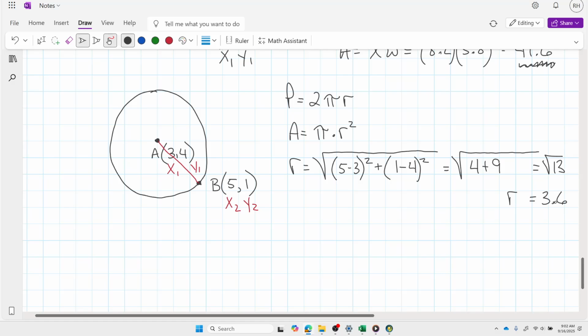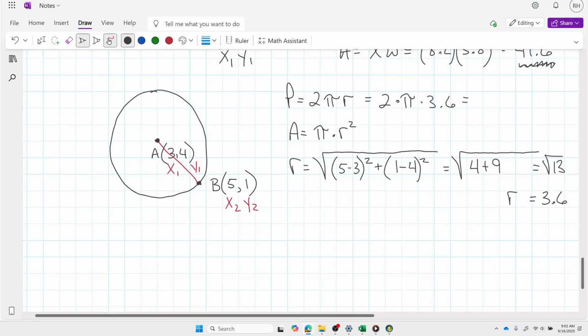So now we can take the radius and just substitute it into our perimeter formula. So we're going to go 2 times pi times 3.6. And on your calculator, 2 above and 1 to the left of the 7 is the pi button.